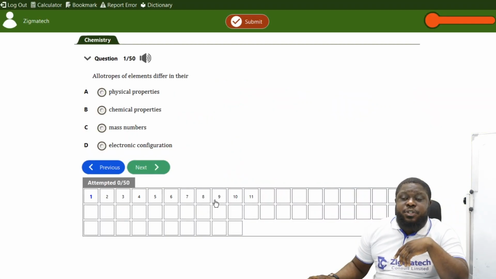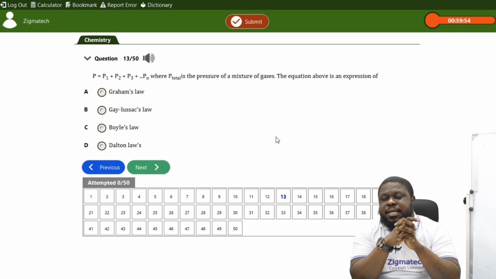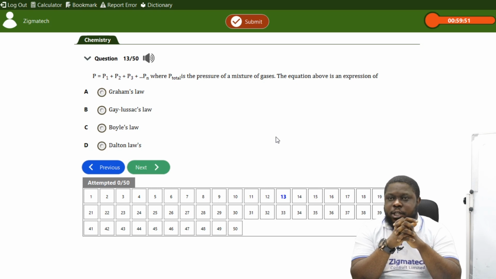2001, question 13. Question 13 says, P is equal to P1 plus P2 plus P3, where P total is the pressure of a mixture of gases.